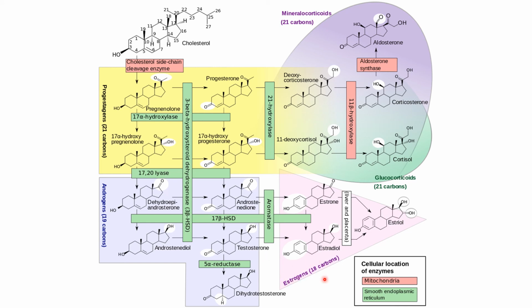It's more of a balance, but how much of each one you have determines your biological sex. We can then make other things like cortisone, aldosterone, glucocorticoids. All of these are important steroids for the body.